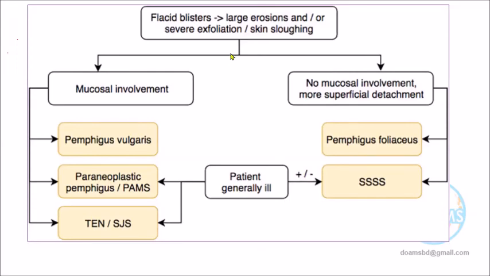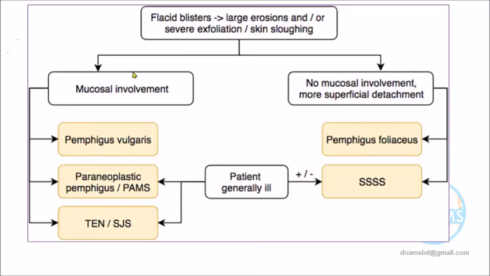Now a little algorithm to give you expanded messages. If a patient comes to us with flaccid bulla, large erosion, severe exfoliation or skin slough, the bulla may be pemphigus or pemphigoid, but there may be some sloughing. There may be other diagnoses also: Stevens-Johnson syndrome, toxic epidermal necrolysis, and staphylococcal scalded skin syndrome.